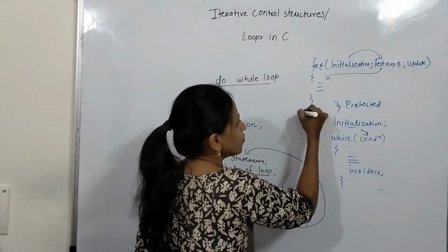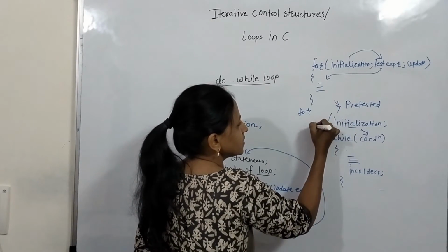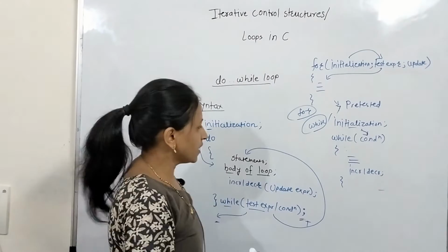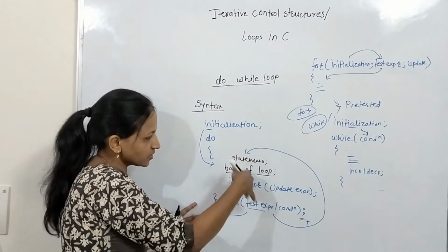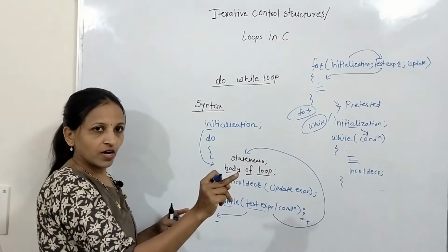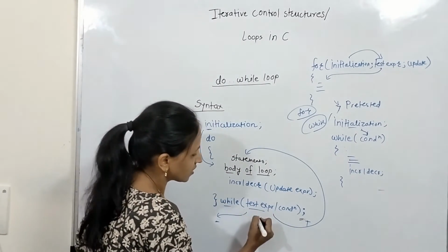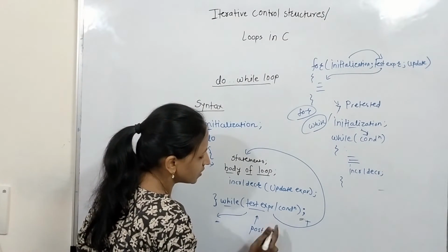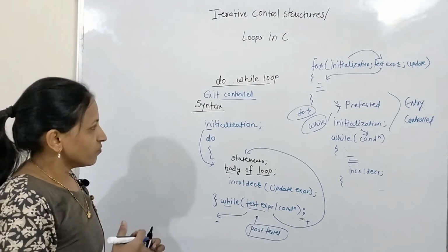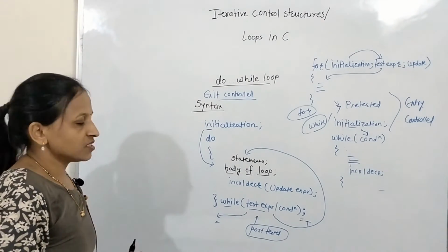This one is for and this one is while, these two are called pre-tested, and this one is called post-tested. After execution of the block once, it will check for the condition. That's why this one is called a post-tested loop. Now we will see the flow chart for this do while loop.